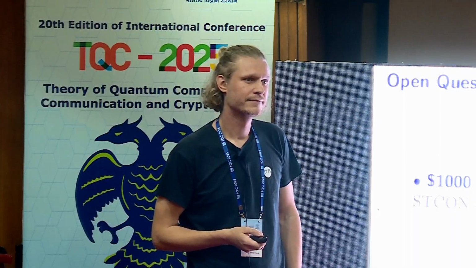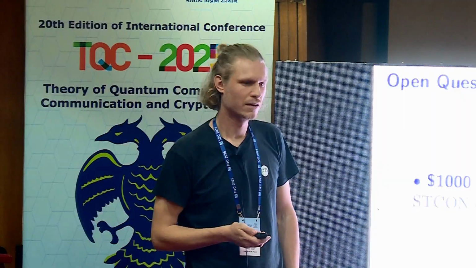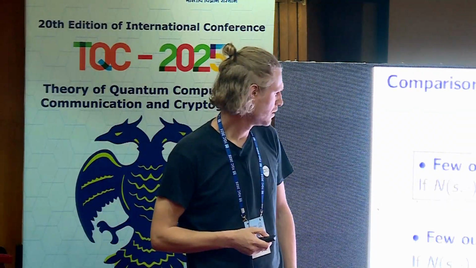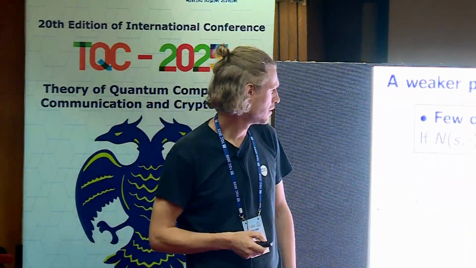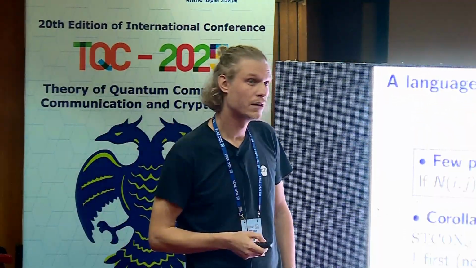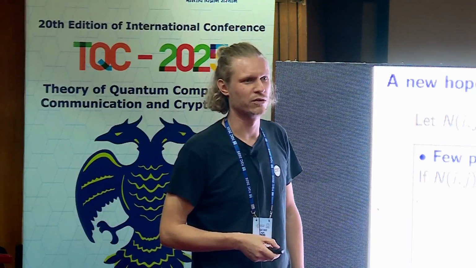Hi, thanks for the nice talk. I had a very naive question about the N_ij and the counting numbers. I think N_ij would usually be the number of walks from i to j. Oh, right, I'm being a little bit ambiguous here.